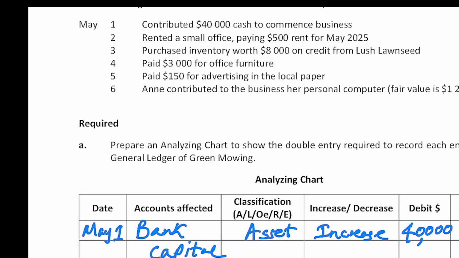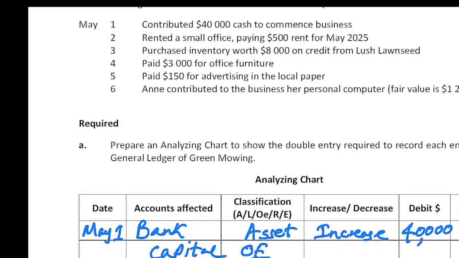Then it is clear when you finish this table. Otherwise, everything you have written is in the same manner, so you can't see any difference. Right? Capital. What is the classification? OE. Thank you. Increase or decrease?